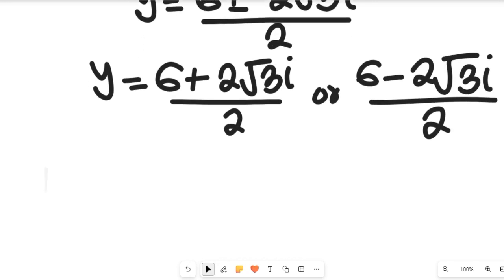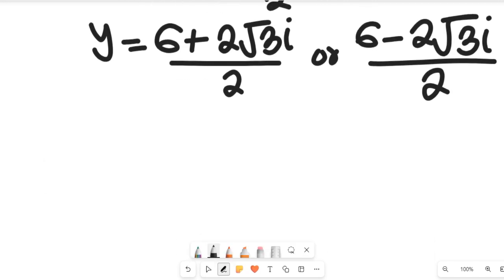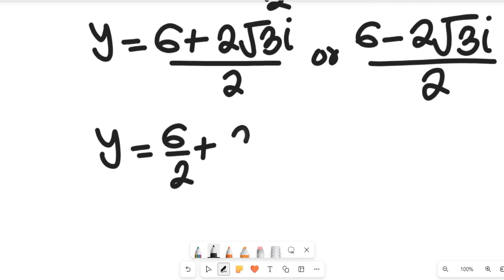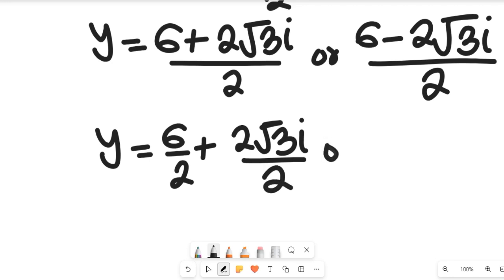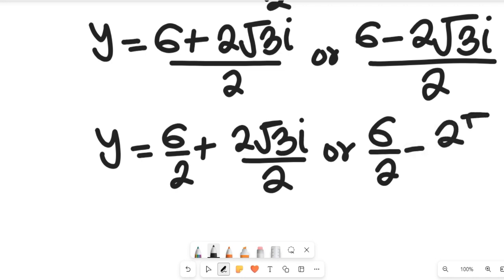Now, if we divide both sides by 2, that expression will give us y equal to 6 divided by 2 plus 2 root 3 i divided by 2, or 6 divided by 2 minus 2 root 3 i divided by 2.